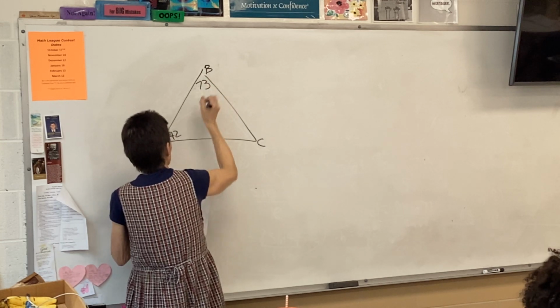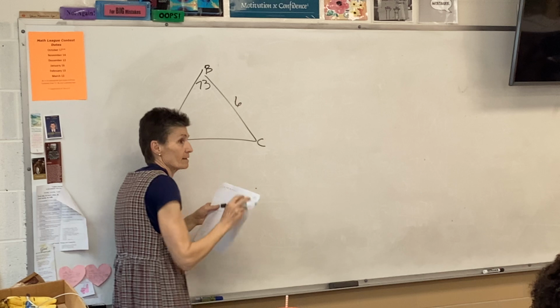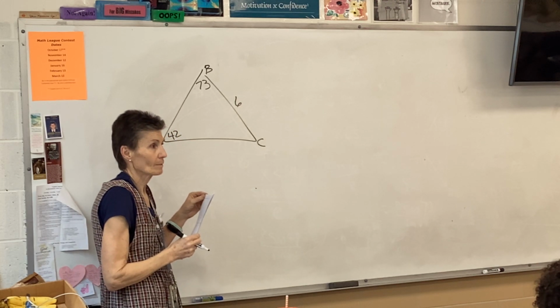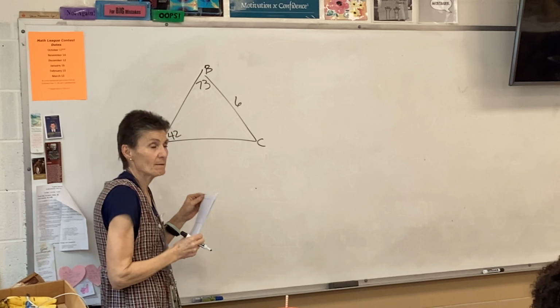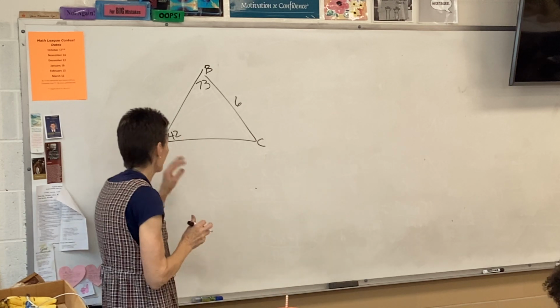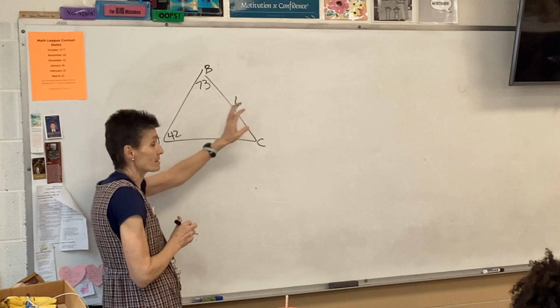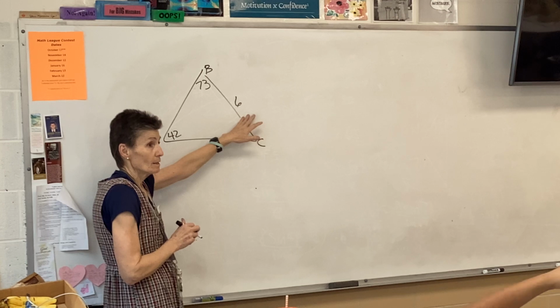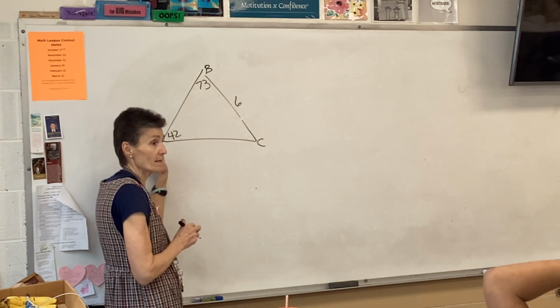Angle B is 73 and side A is 6. What do you think about that? Can it be anywhere? Yep, A, B, C can be anywhere, but make sure that wherever angle A is, side A is across from it. Where you put A is not important.